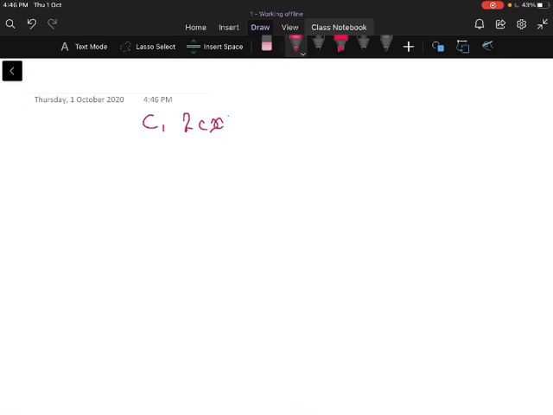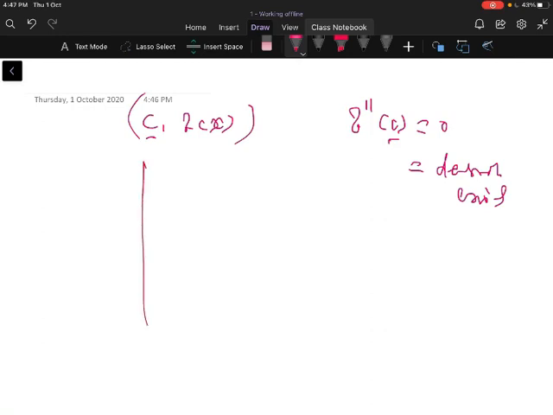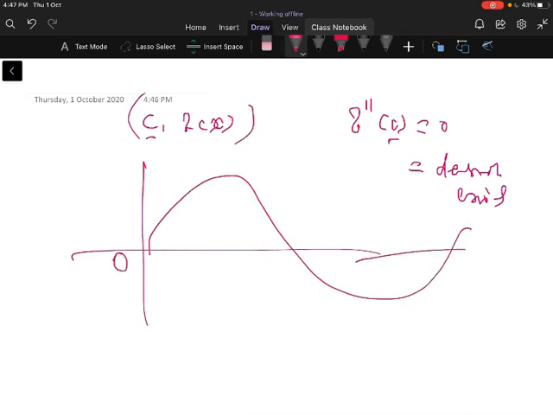So that point is called point of inflection. Suppose C comma f of C is a point of inflection. You can observe that f double dash of C is 0 or does not exist. So then C comma f of C is a point of inflection.